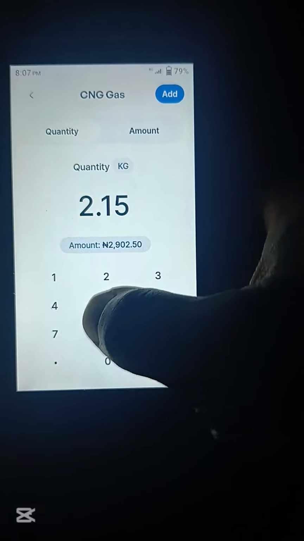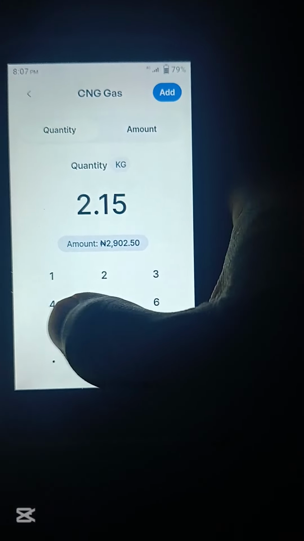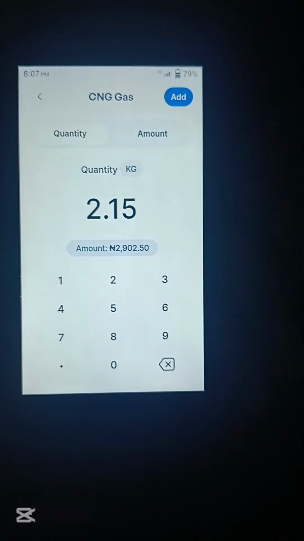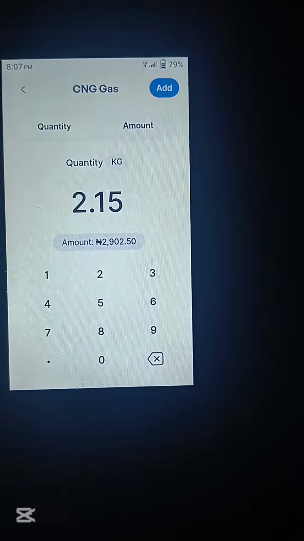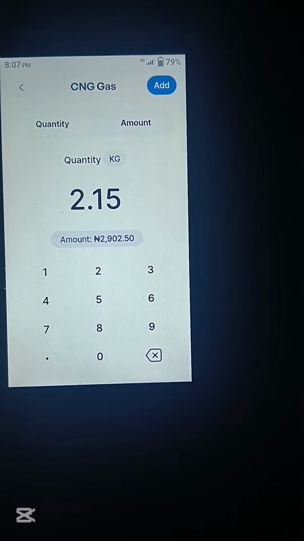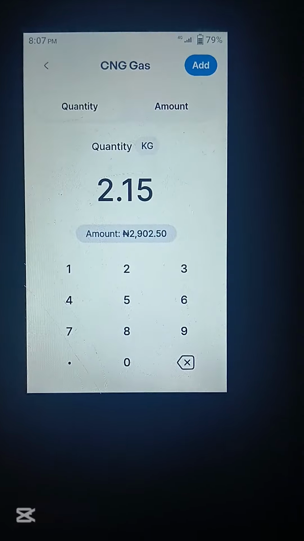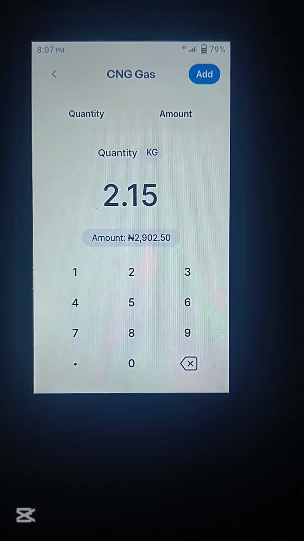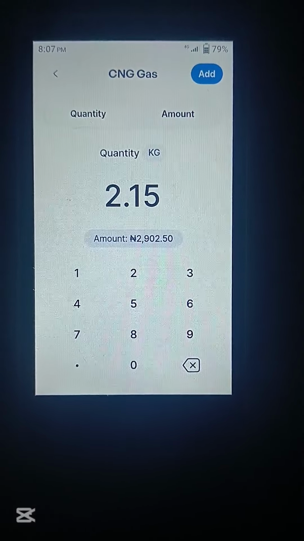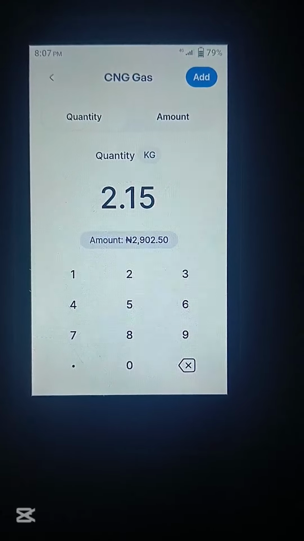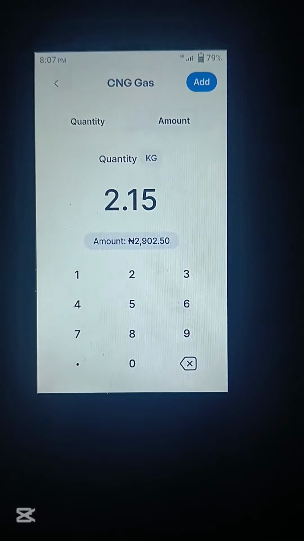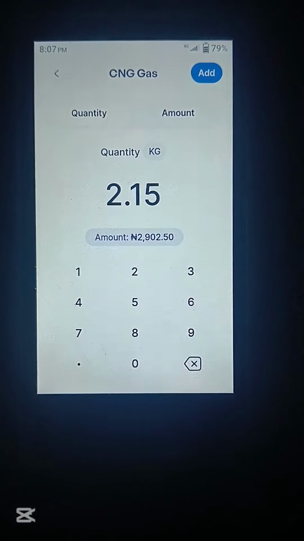Let's add this. If I try to add another decimal point to this, it will not add, because the decimal point I gave was 0.00 for the unit pricing. This is the meaning of those. Many people don't understand the use of the unit pricing, which lets you graduate a quantity or a price or an amount to the decimal point that you want.